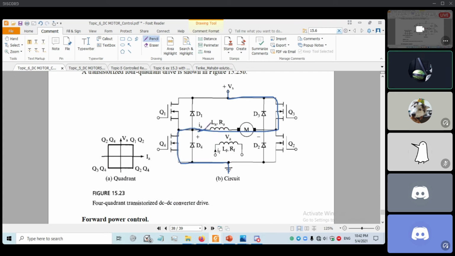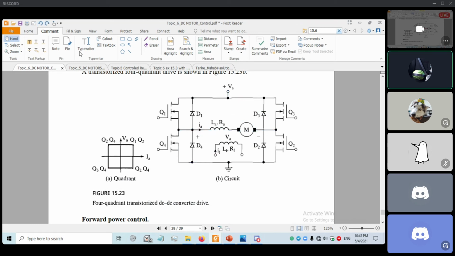And this is your current here. This is your EG. This is your VL. The armature is turning. And then Q3 is turned off and Q4 is turned on.